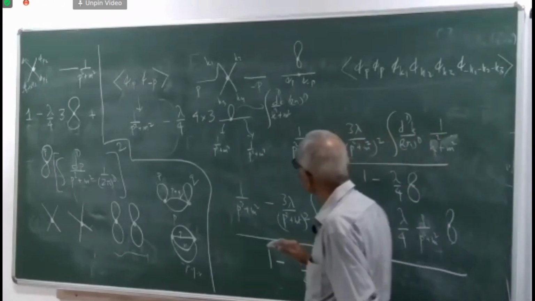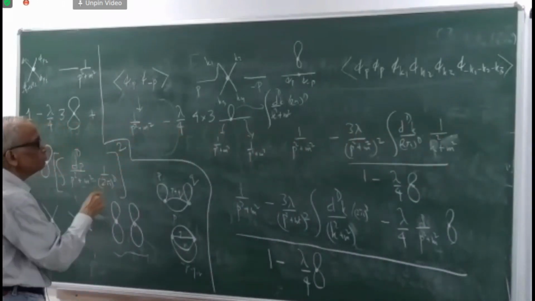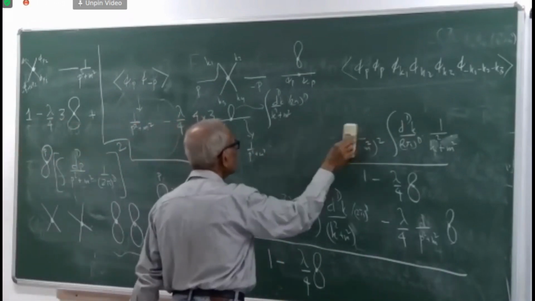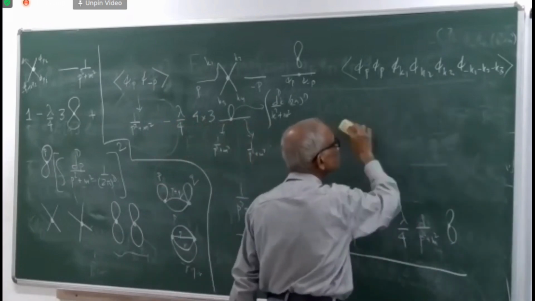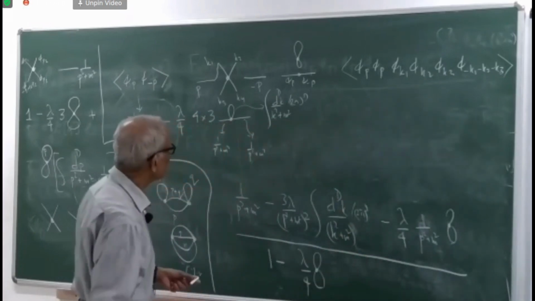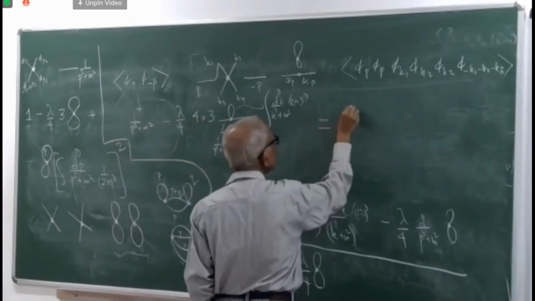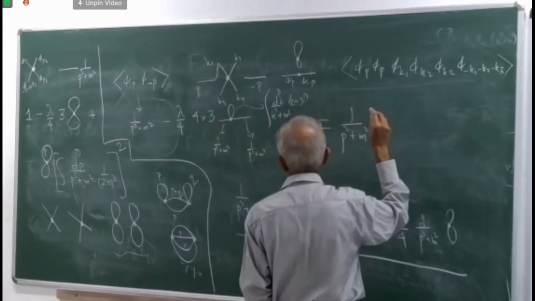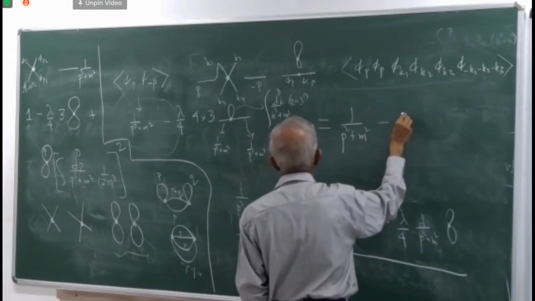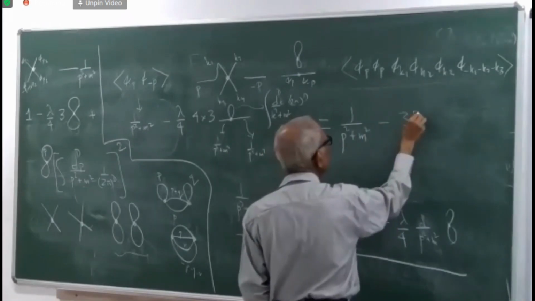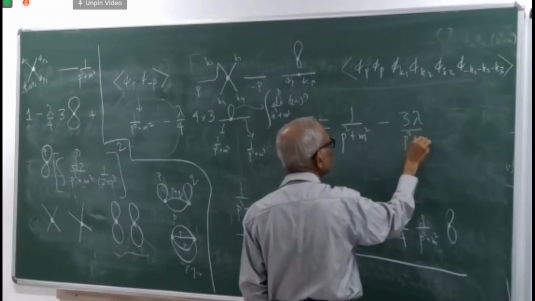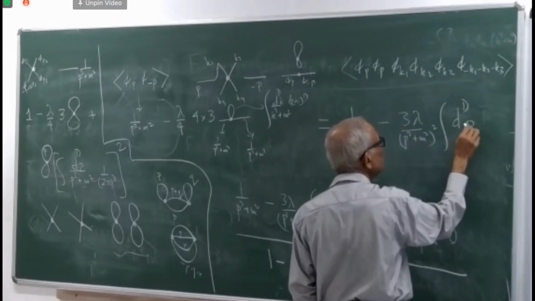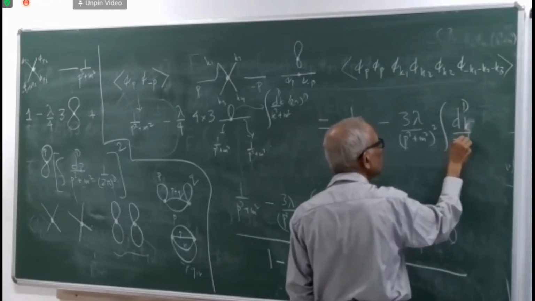And therefore the first order answer is simply eta, one over p square minus m square minus 3 lambda over p square plus m square whole square integral d^dk over 2 pi to the d.